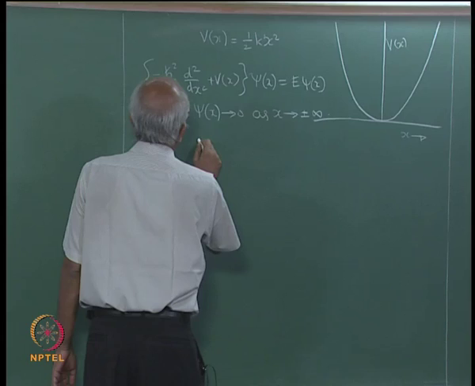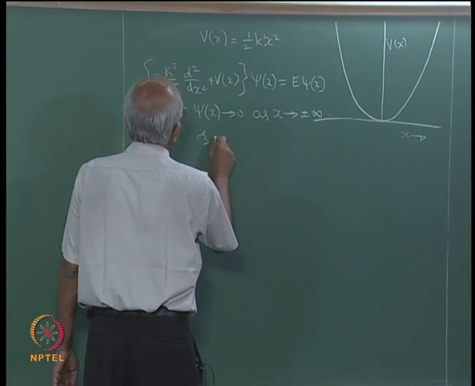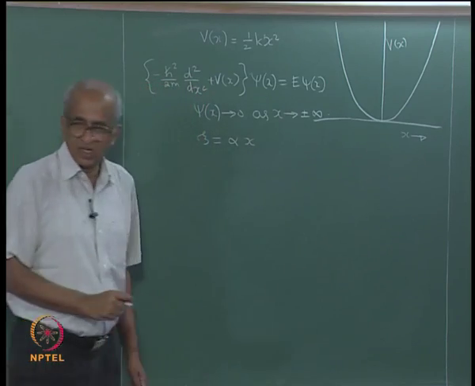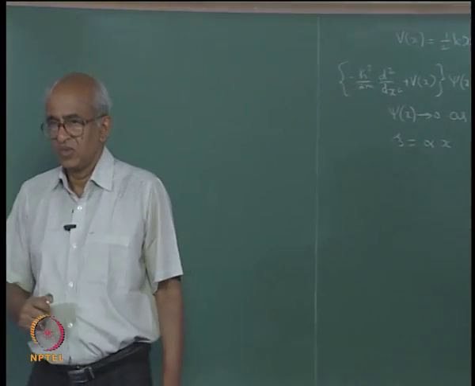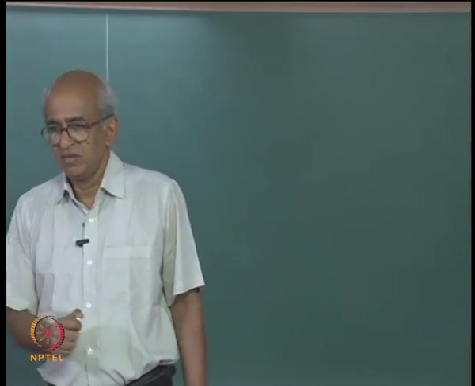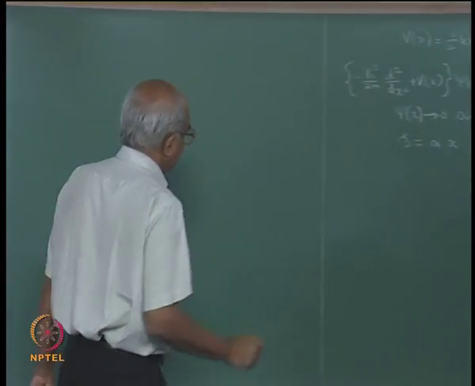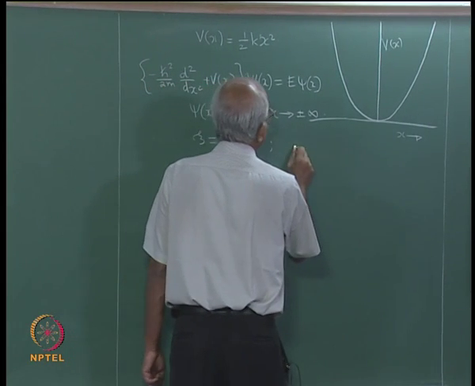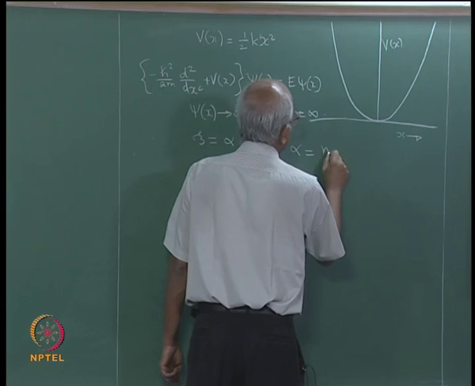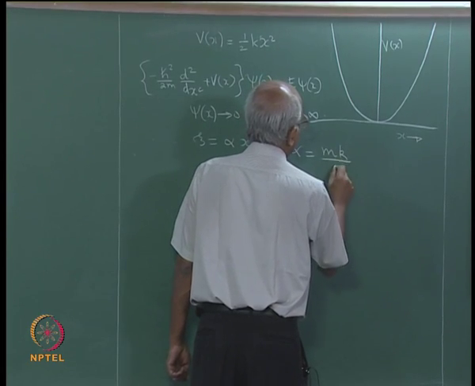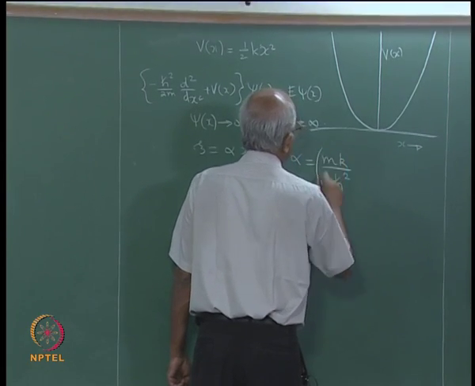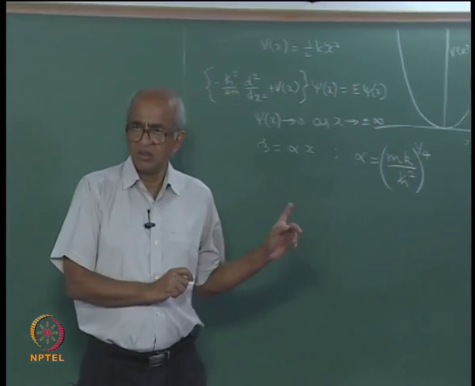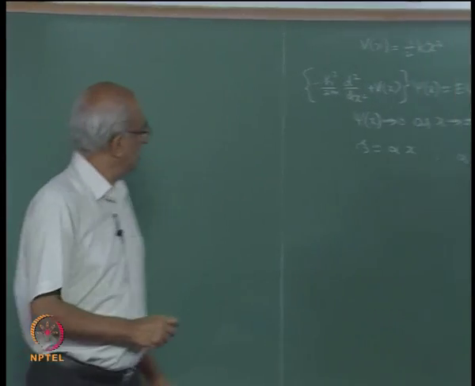We said that c is equal to alpha times x. We determined the value of alpha. Well, I will write it from my memory, but I hope you can verify this. This is correct, right? Alpha is equal to so much.